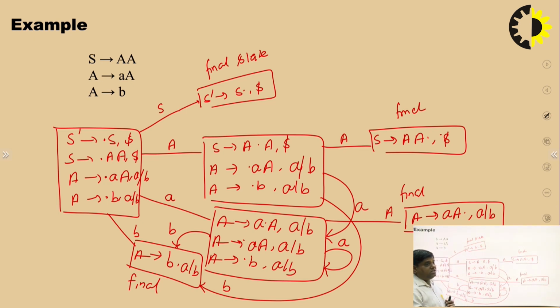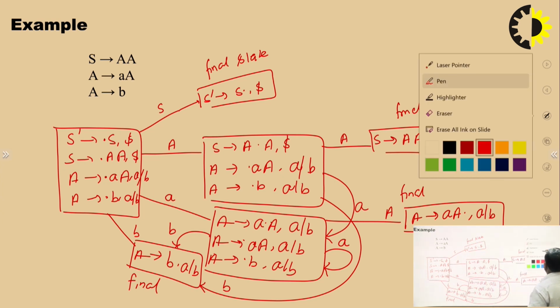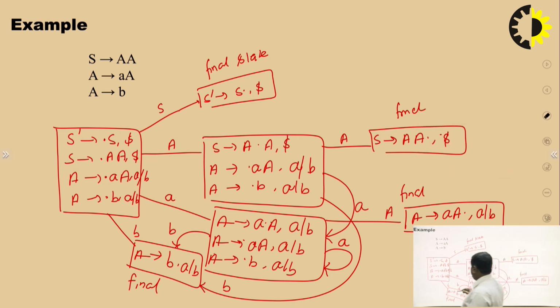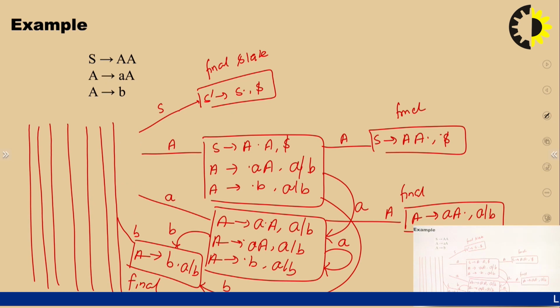What is the next step? Draw the CLR parsing table with the help of the look ahead symbol. Now if we remove this one, then we draw the parsing table. No problem. What is the terminal?